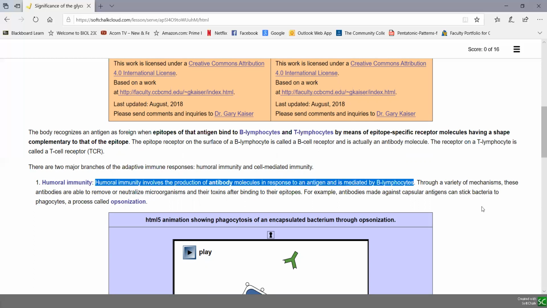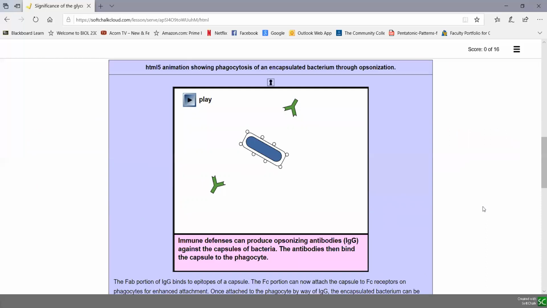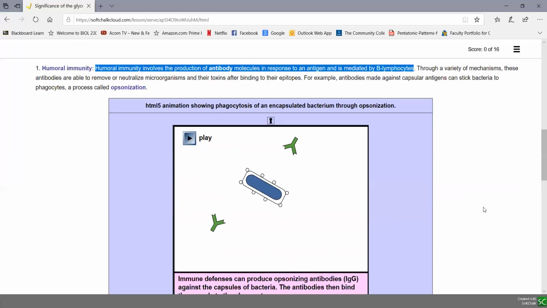And the one we talked about here, of course, was opsonization. We showed you how that works a minute ago. So in this case, the epitopes would be sugars coming off of the capsular polysaccharide of this bacterium. And again, we make antibodies that are going to eventually fit epitopes of that capsule.